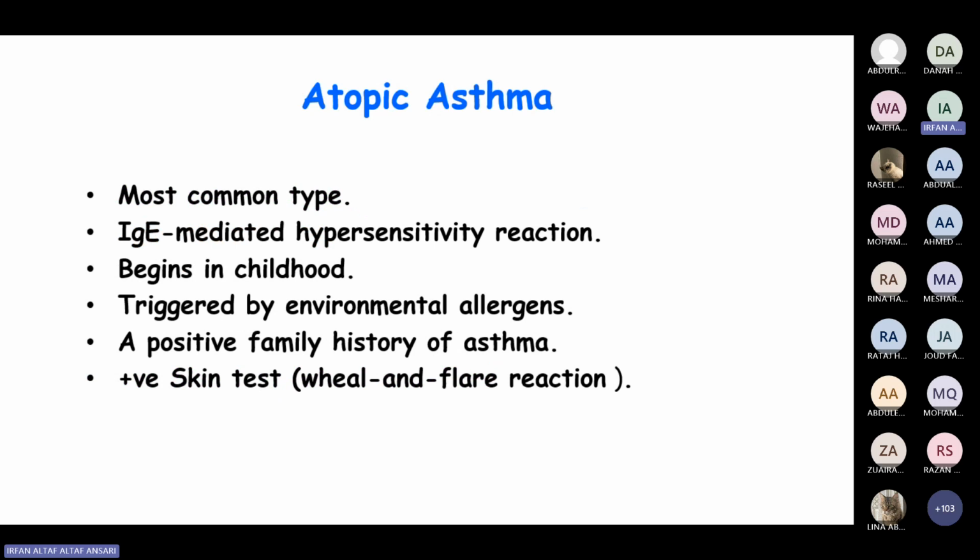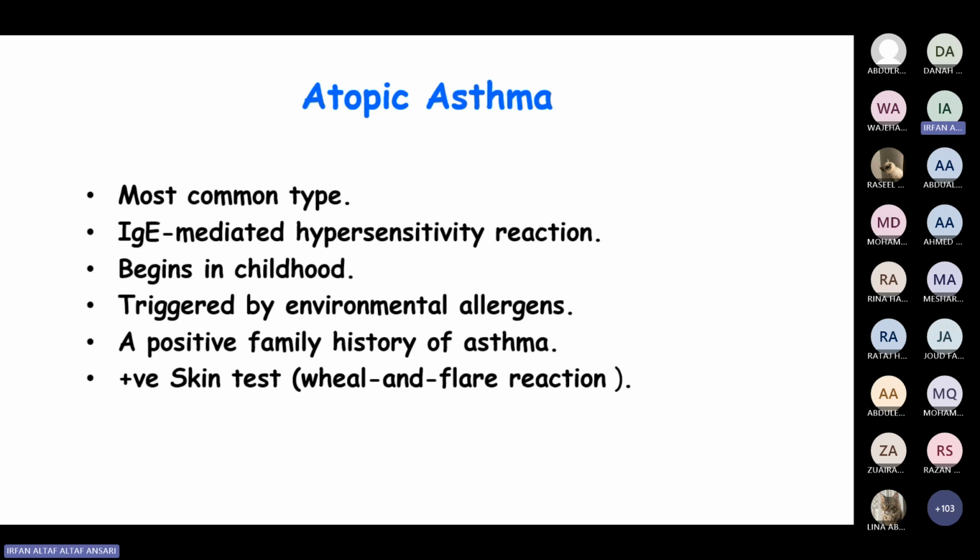Now, what is atopic asthma? Atopic asthma is the most common type of asthma, which is mainly manifested due to an immunoglobulin E mediated hypersensitivity reaction. It usually begins in childhood and is triggered by environmental allergens like the carpet, the clothes, the pollen. If someone stays on farms, pollens of flowers and seeds can trigger the asthma.